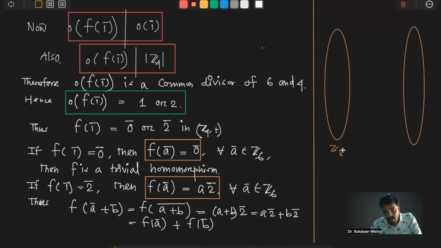Z8 to Z6. What are the elements of Z8? 0, 1, 2 up to 7. And what are the elements of Z6? 0, 1, 2, 3, 4, 5.